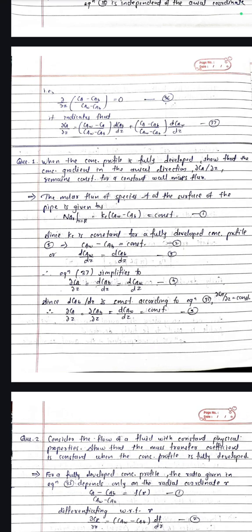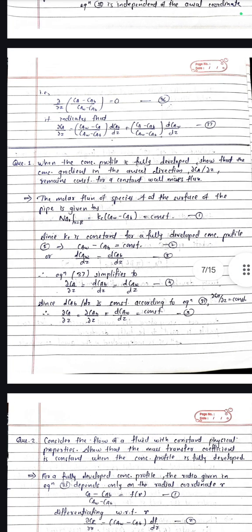Now we will solve our first question, which says that when the concentration profile is fully developed, show that the concentration gradient in the axial direction del C by del Z remains constant for a constant wall mass flux. The molar flux of the species A at the surface of the pipe is given by NA at r equal to R is equal to Kc (CAW minus CAB), which is constant. Since Kc is constant for a fully developed concentration profile, CAW minus CAB is equal to constant, or we can say dCAW by dz is equal to dCAB by dz.